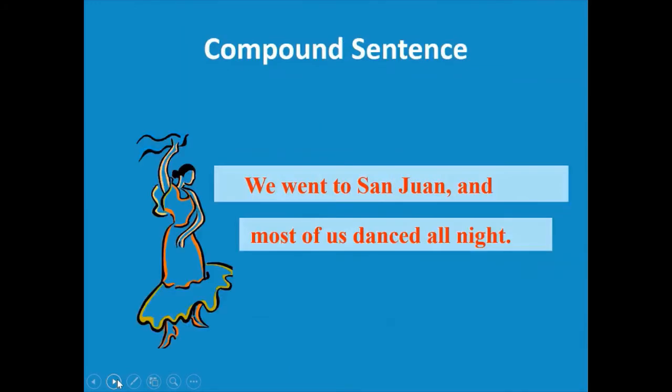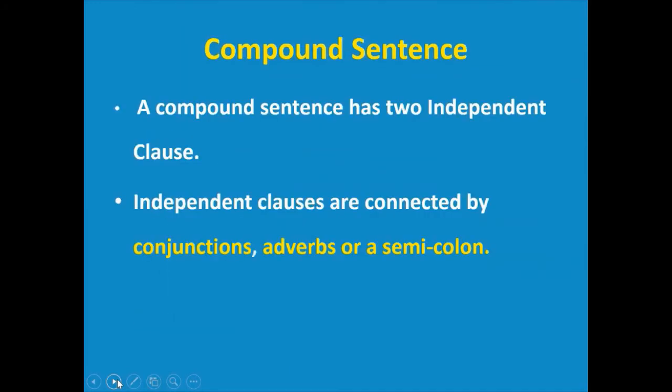As we saw before, independent clauses are connected by conjunctions, adverbs, or a semicolon. There might be no conjunction, no adverb, just the two clauses connected with a semicolon.